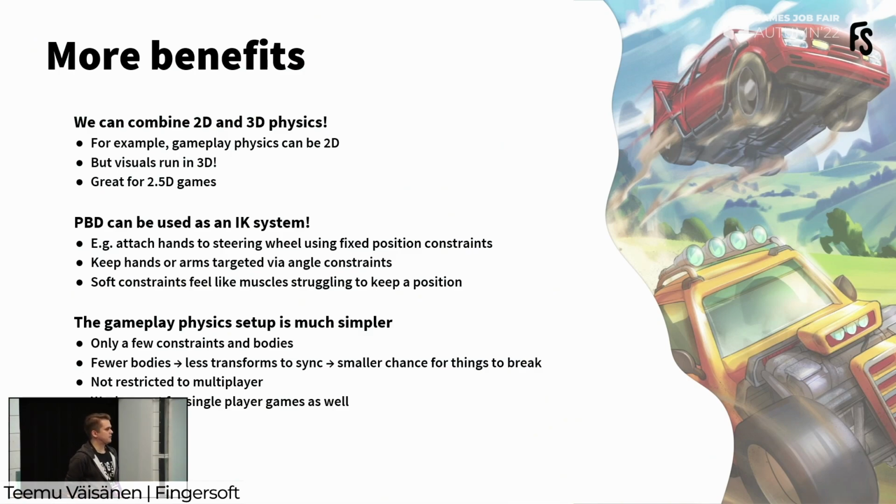But PBD also has this concept of soft constraints. If you use those, you get the feeling that you have a character that is struggling to keep a position instead of holding it perfectly still on the target. So you get this human-like behavior if you loosen the stiffness of the constraints a little bit.